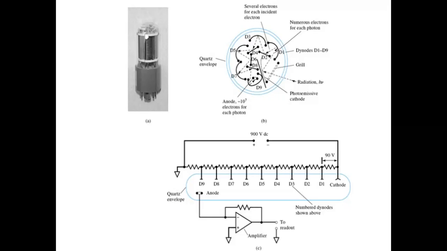Because of that, the name has been given as photomultiplier tube. Normally those photomultiplier tubes are covered using a quartz envelope like this. So that is how the PMT or photomultiplier tube gets its name. Right? I think it's clear. Is that clear? How the electrons move?